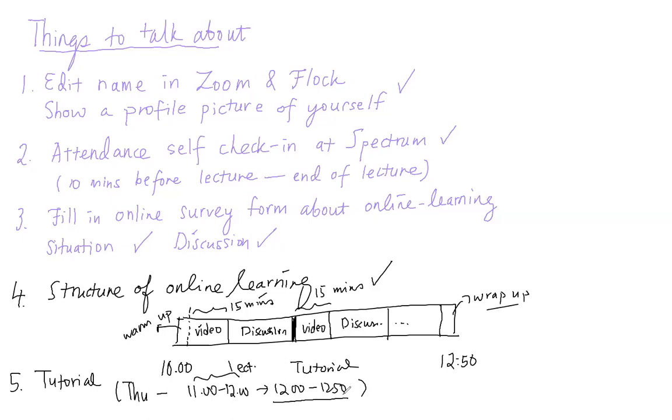Maybe we can have students work in pairs, right? Because we have 39 students, so we have about 19 to 20 pairs. And altogether, the total number of tutorial questions for all the tutorials will be slightly more than 20. So everyone will get to talk about it at least once. How do you think?